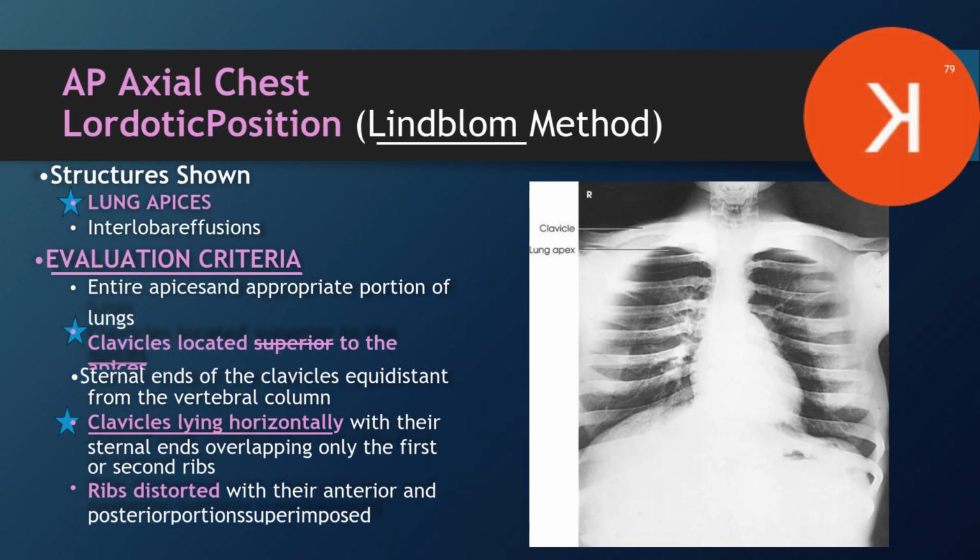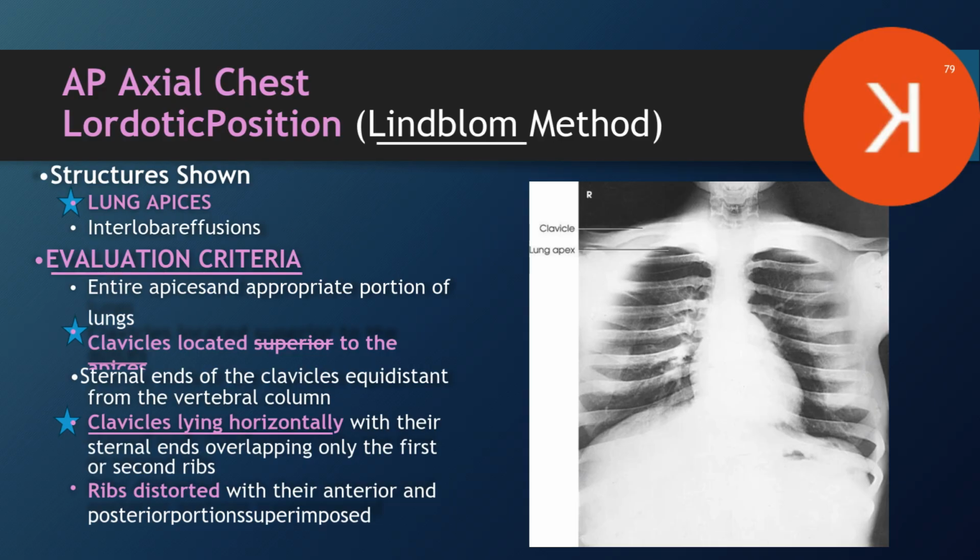Structures shown in the AP axial chest lordotic position: we see the lung apices and the interlobular effusions. Evaluation criteria is the entire apices and appropriate portions of lungs. Clavicles located superior to the apices. Sternal ends of the clavicles equidistant from the vertebral column.